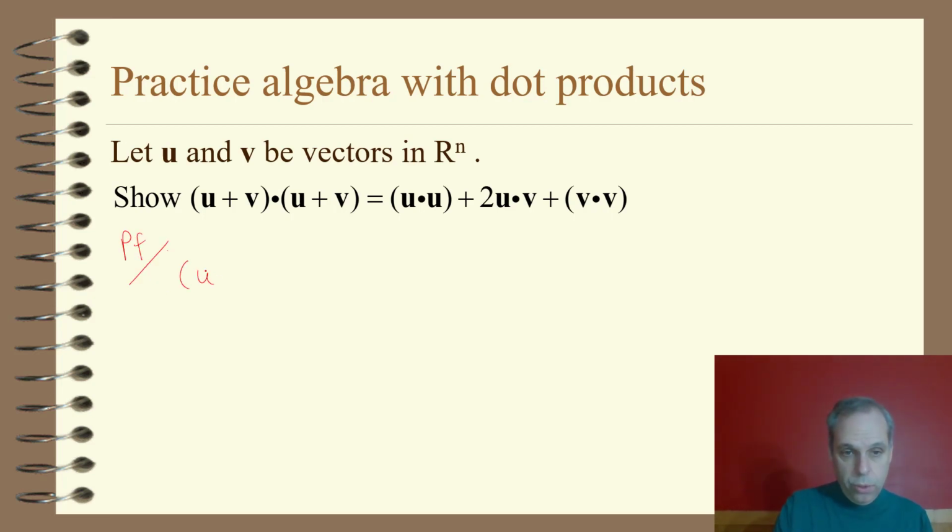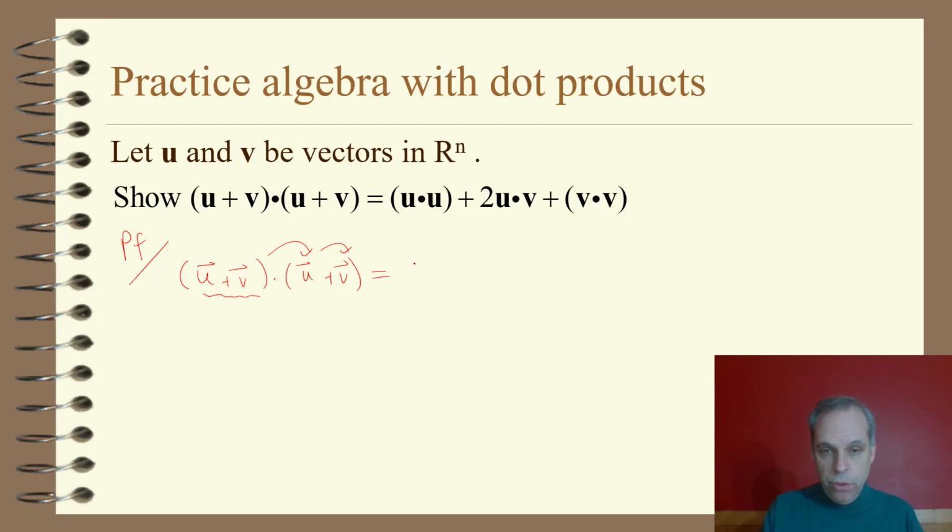So if you have u plus v and you take this dot product with u plus v, one of the properties of dot products is that you can distribute through a sum. So for this vector, I will distribute it through the sum.